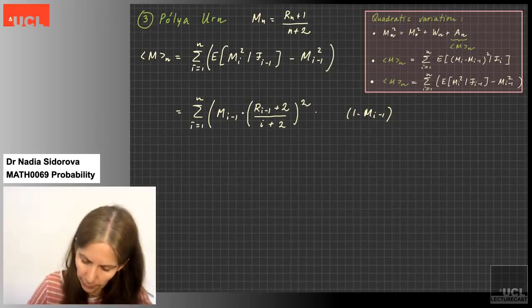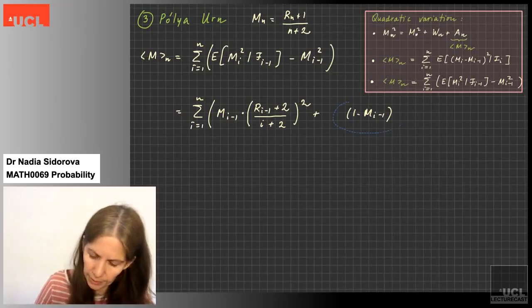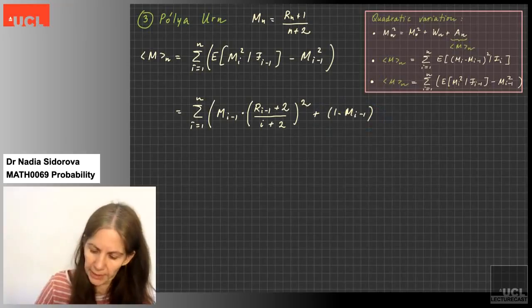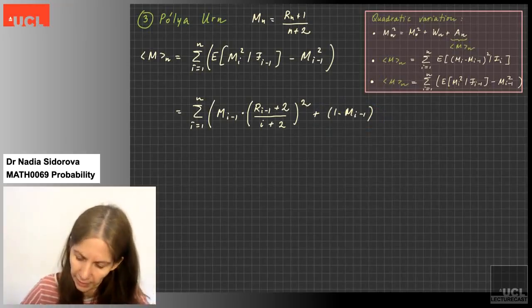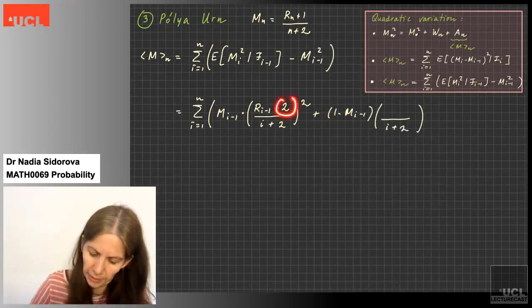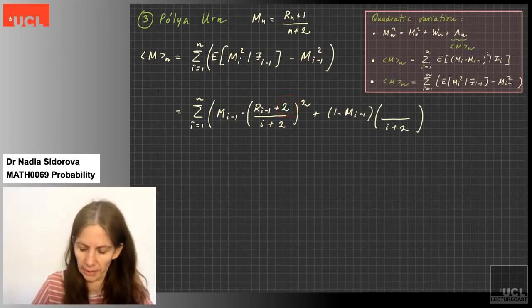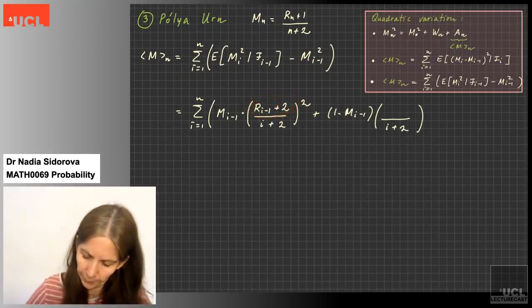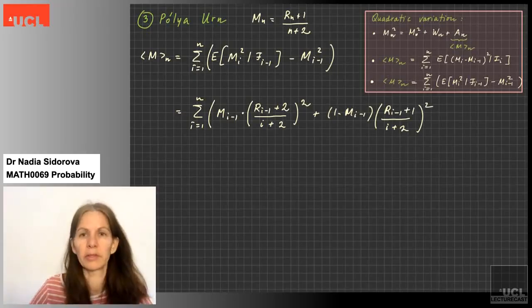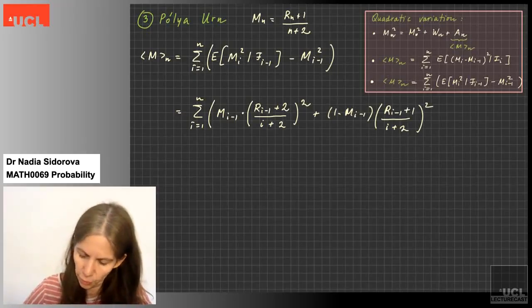Now, if I put a green ball, which happens with probability 1 minus M_{i-1}, then the numerator of my ratio will be 1 less than this one here. So it will be (R_{i-1} plus 1) squared. And I shouldn't forget to subtract M_{i-1} squared.